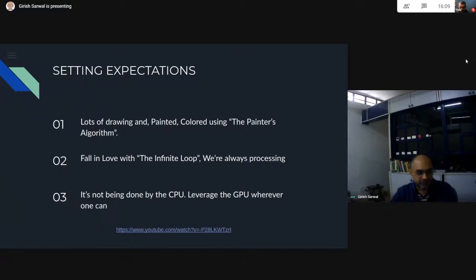When we talk about graphics, when we talk about drawing anything, or putting anything on the screen, that includes things like mouse pointers, or buttons, or standard UI elements, versus stuff like images, or real-time frames, we end up doing a lot of drawing and a lot of painting.